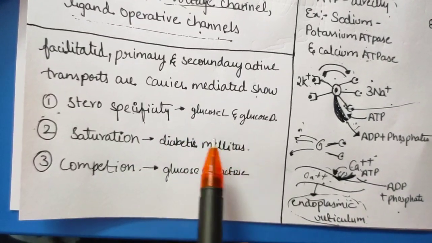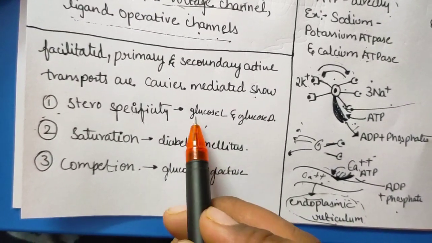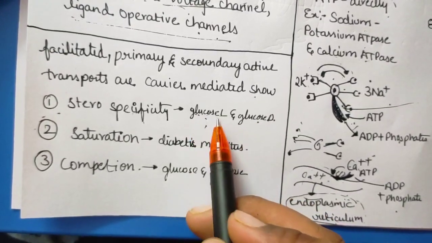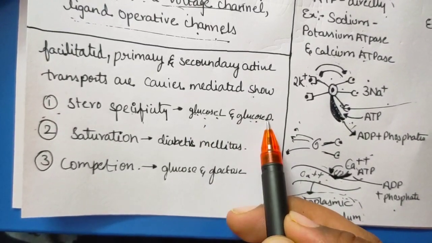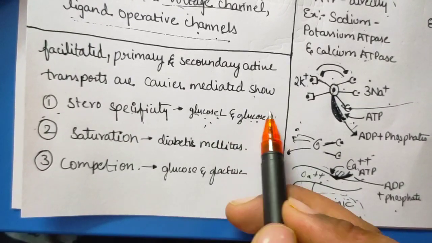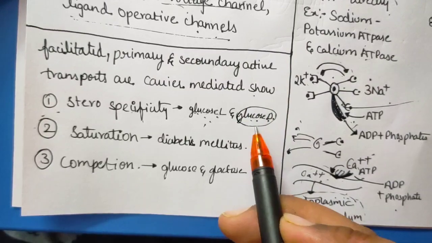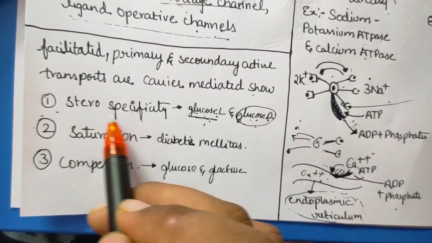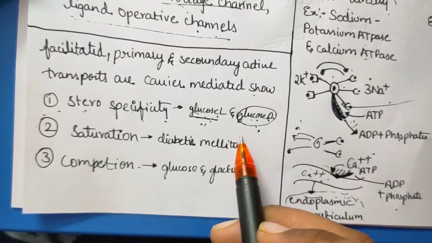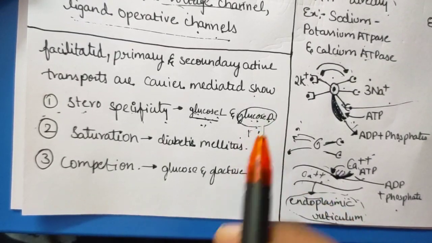For example, if a glucose channel is present, we have two types of glucose, glucose L and glucose D, levorotatory and dextrorotatory, but the glucose channel only allows glucose D. It doesn't even allow glucose L. That is stereospecificity, which shows specificity. Each channel has its own specificity.